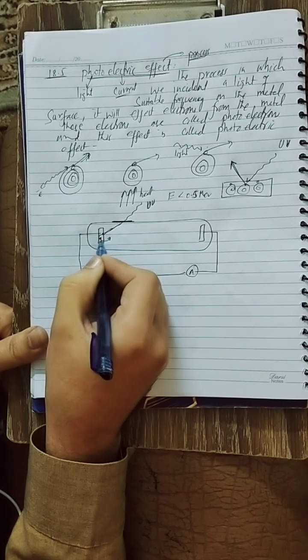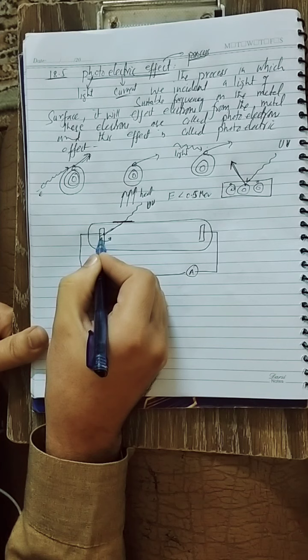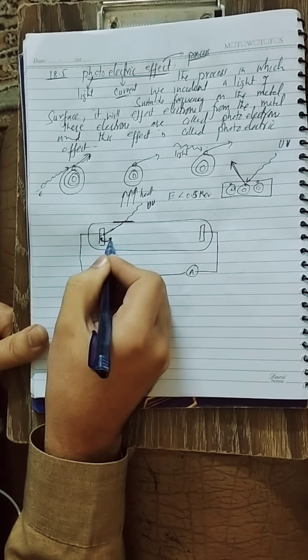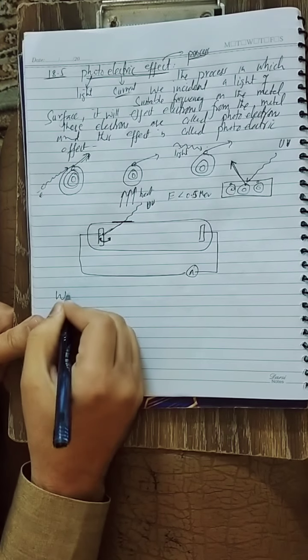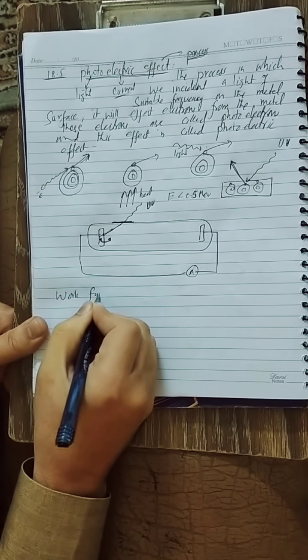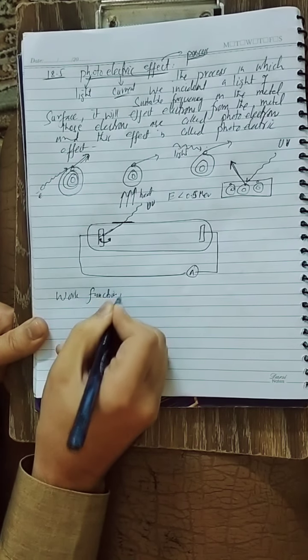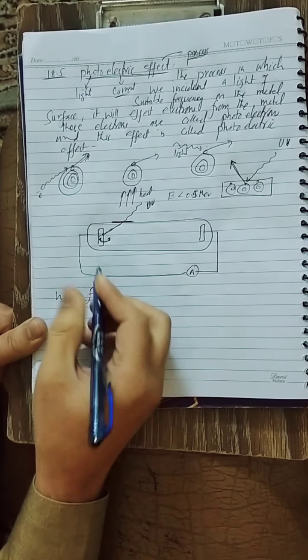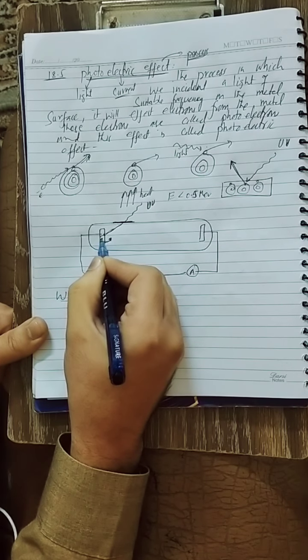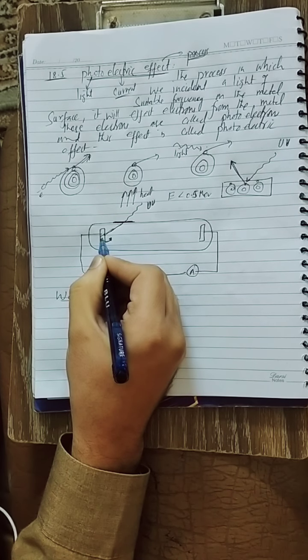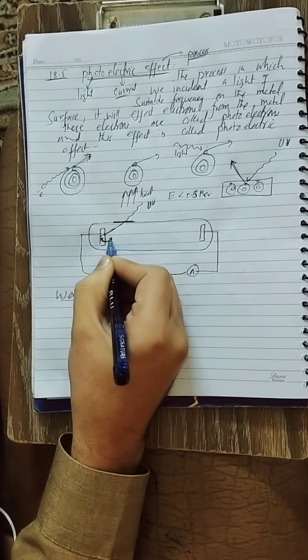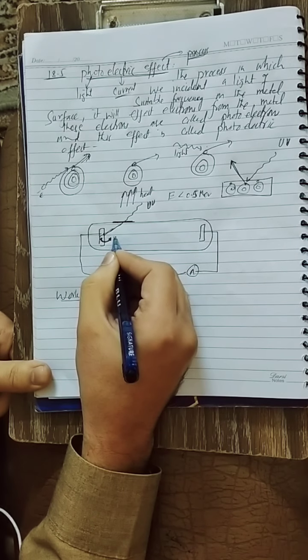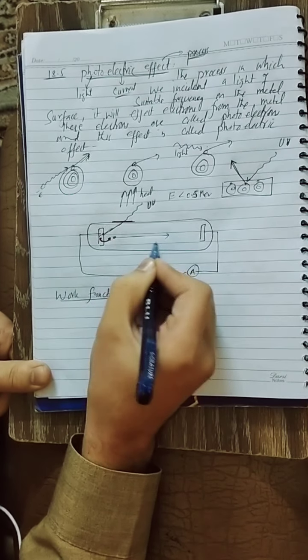The energy by which an electron can come out from the metal is called the work function. So work function is an energy, the energy utilized by which an electron can come out from the metal surface. Now the remaining energy will be used as kinetic energy.